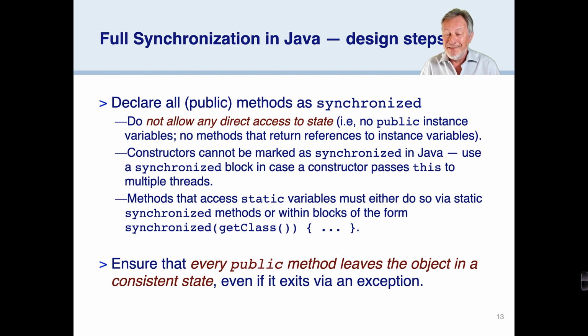If you have methods that access static variables, recall that the static variables are shared across all instances of the class, then you have to take special action. In that case, you shouldn't synchronize with respect to this, because this is going to be different for all of the instances, and each instance will synchronize with respect to itself.